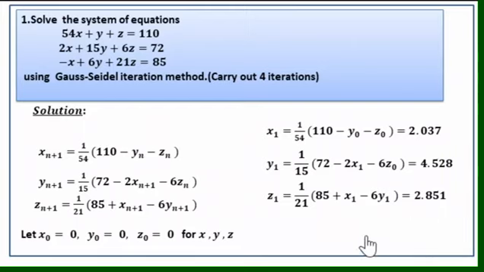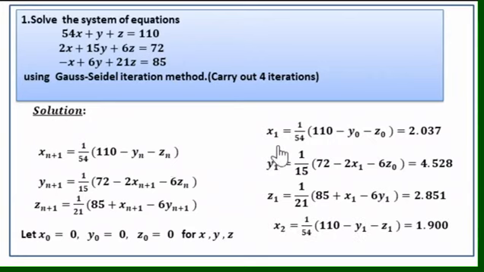Next, the x2 formula. Here we can take n equal to 1. We get x2 equal to 1 by 54 into (110 minus y1 minus z1). That is, taking n equal to 1, we get that. To get x2, replace x1 by x2 and y0, z0 by y1, z1.